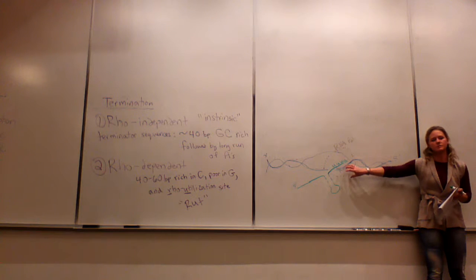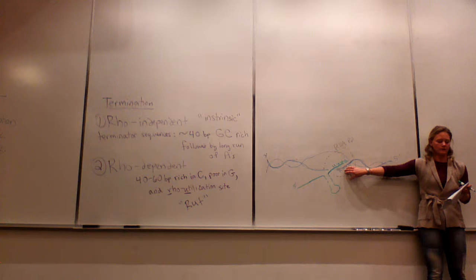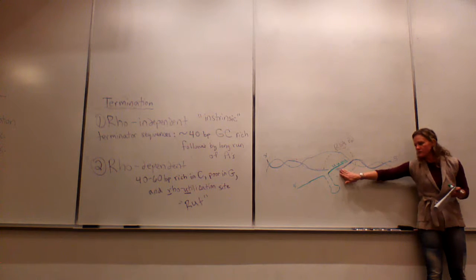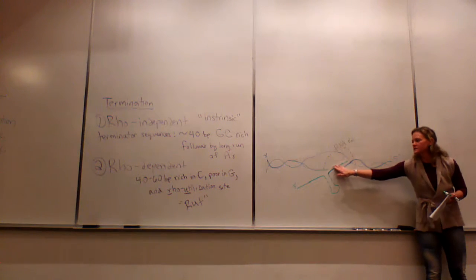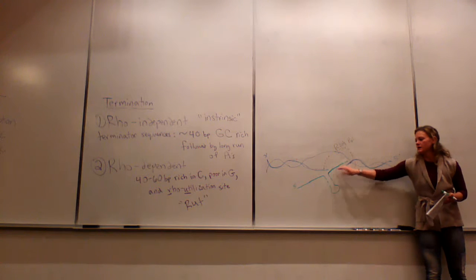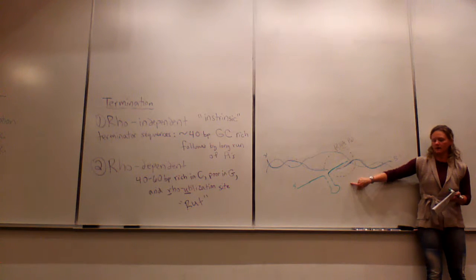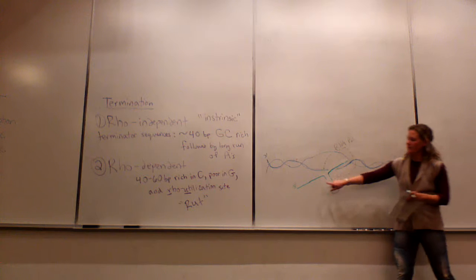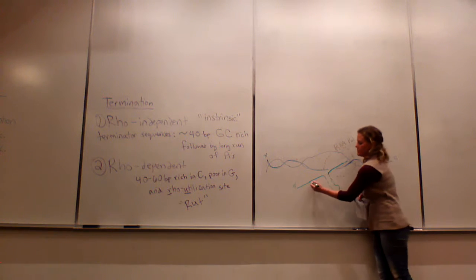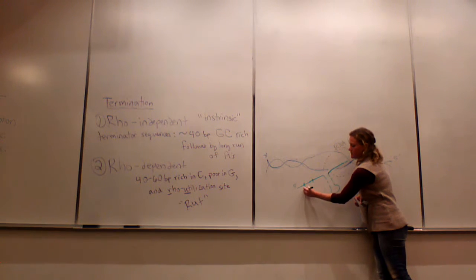So it's a similar concept: we're forming a stem loop, and there is a stretch of nucleotides that comes after the stem loop, but not specific with those AU connections. But in addition to having the stem loop, we have this RUT site.